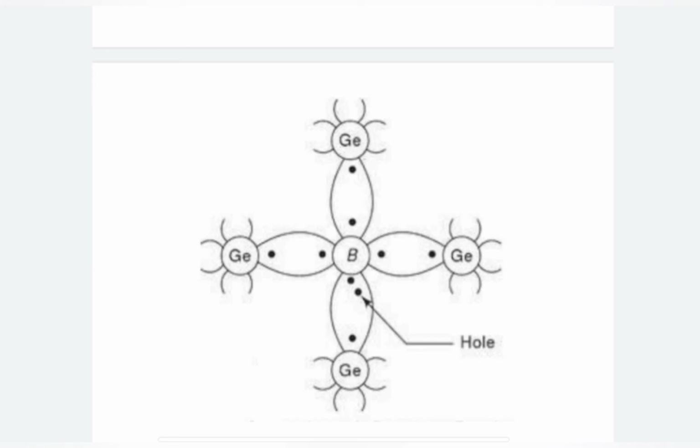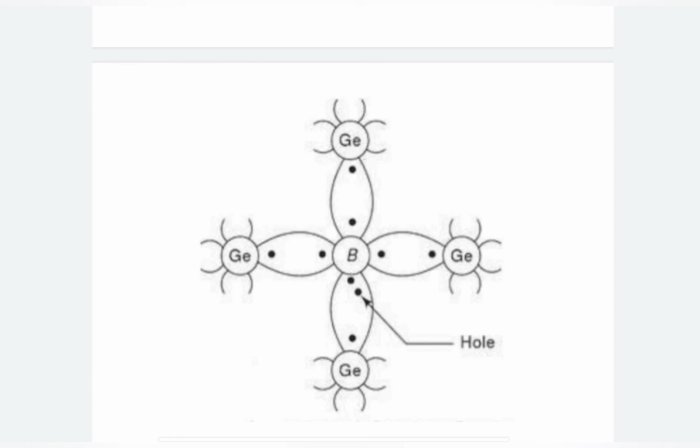Boron is a 3A group element, so it has 3 valence electrons. The upper three valence electrons are bonded with 3 valence electrons of the semiconductor, whereas the 4th valence electron of the germanium atom is left without bonding.